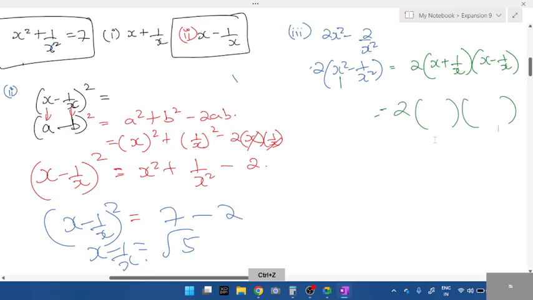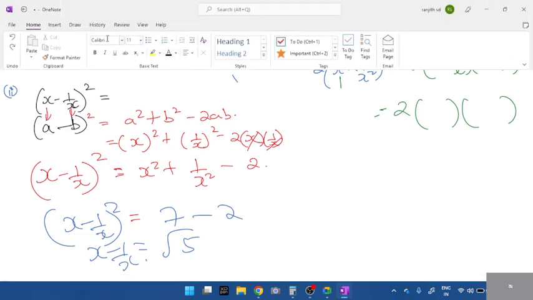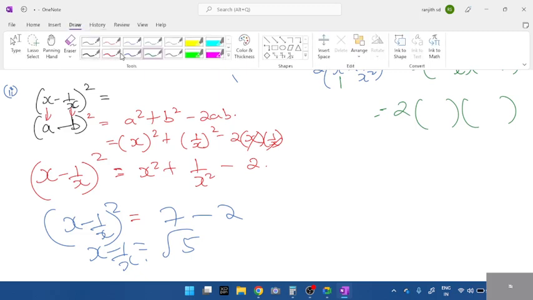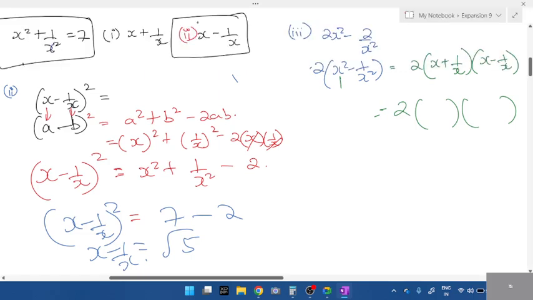When 2 plus 1 by 2 is given, is it possible to cancel it out? Only for multiplication you can cancel, right? Then what do you do with x plus 1 by x? Just check the question, check what answer you have done. You immediately say it gets cancelled and all those things.